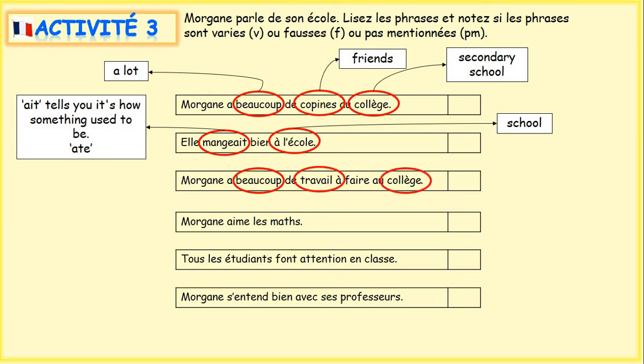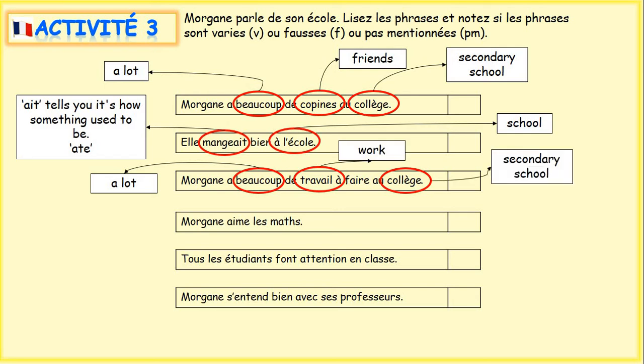We've already seen 2 of those. Beaucoup is a lot, travail is work, and collège is secondary school. Again, we're going to do the same with Morgan aime les maths. Keywords that you need to know to be able to work out if this is true or false are aime and maths, likes and maths.